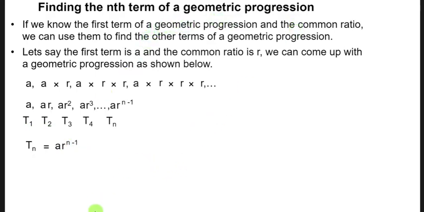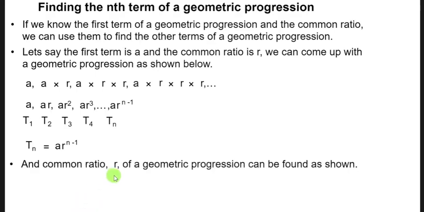All right, so now the common ratio r of a geometric progression can be found as shown, where r is equal to the second term divided by the first term. So if we get the second term divided by the first term, we can get the common ratio.